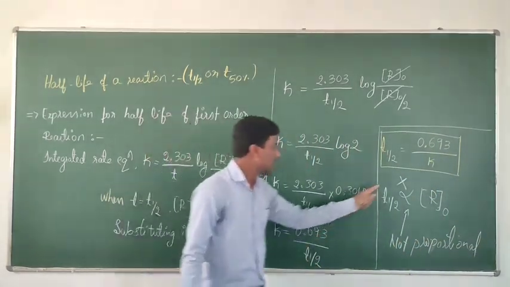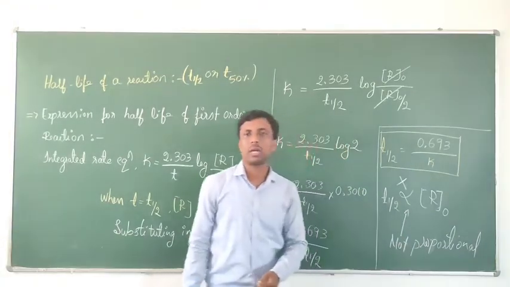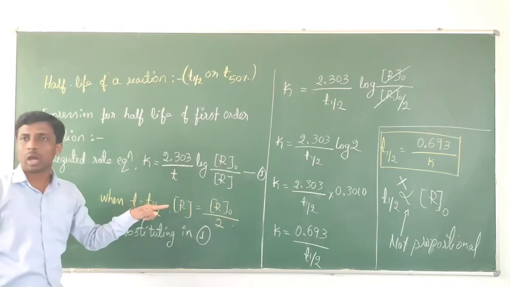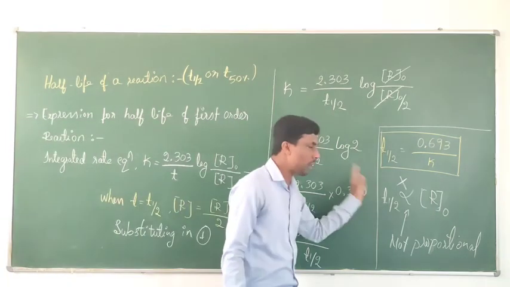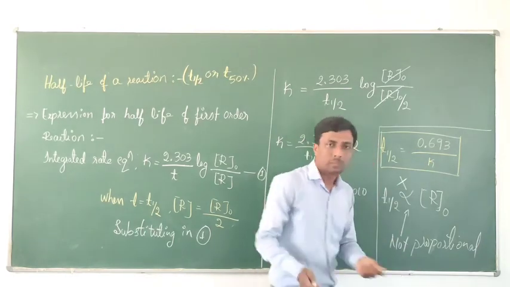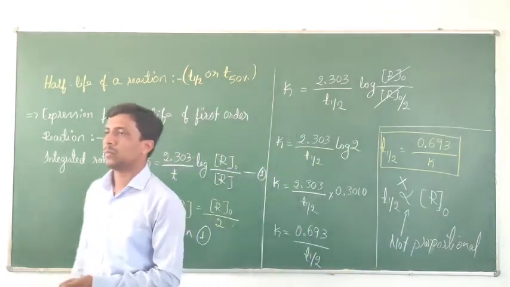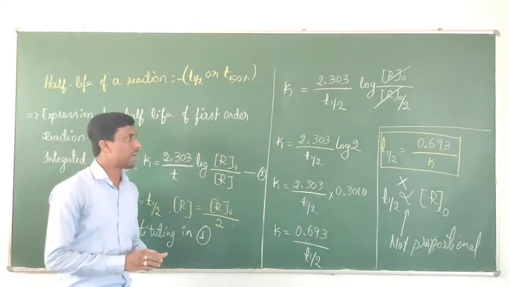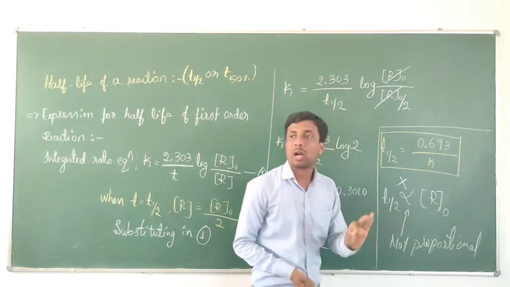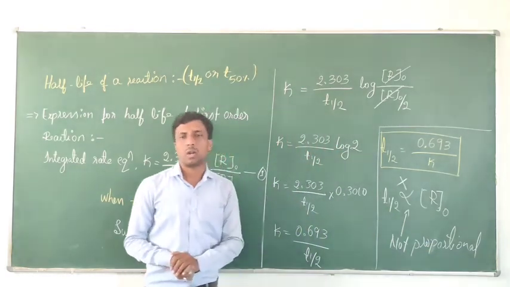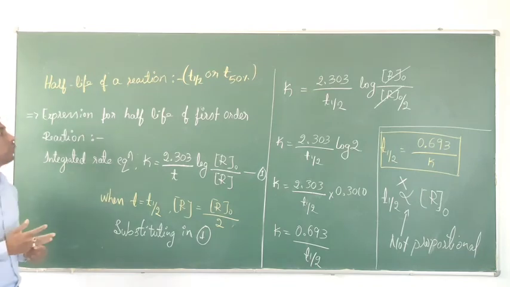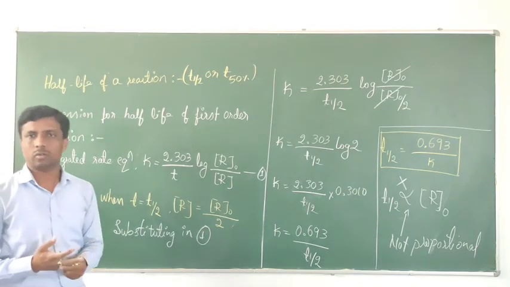T half is not directly proportional to R naught here. In the zero order reaction it was directly proportional to R naught, but in the first order reaction it is not, because in the equation we do not have R naught. It means for the first order reaction, t half does not depend upon R naught. This is about the half-life of the first order reaction. Okay, thank you.